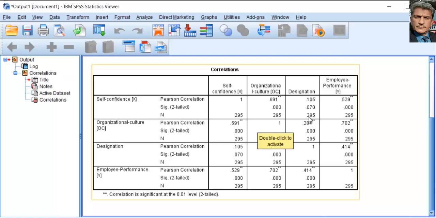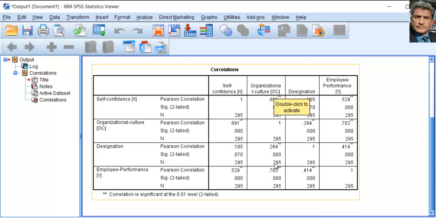Further, designation and organizational culture are also associated, and the R value is 0.284, which is less than the acceptable value of 0.3 as per experts of statistical analysis. So we can conclude that there is no problem of collinearity showing significant relationships between the predictors themselves.